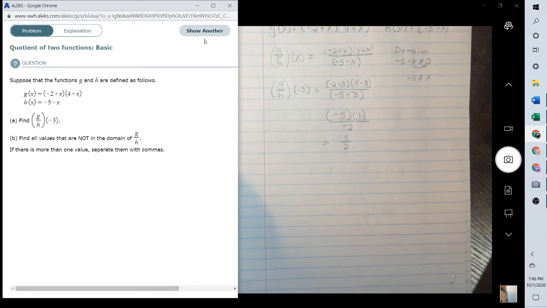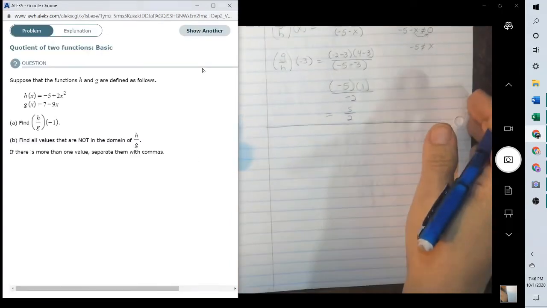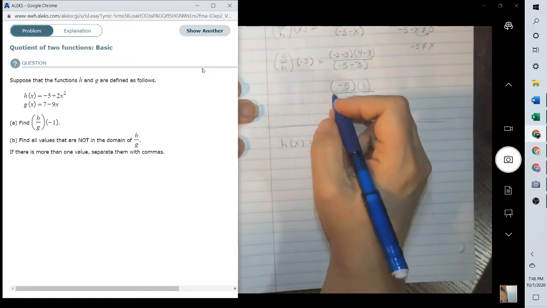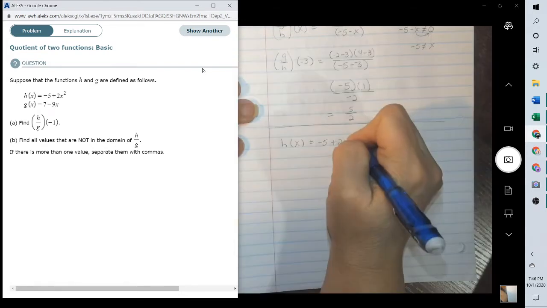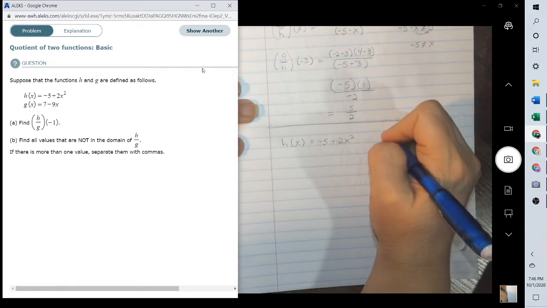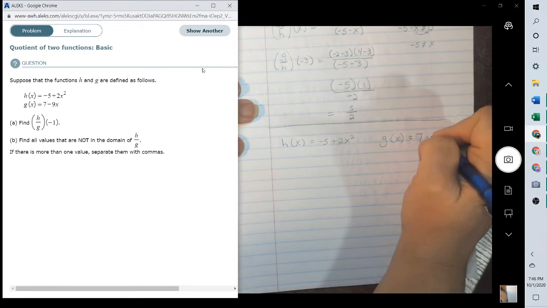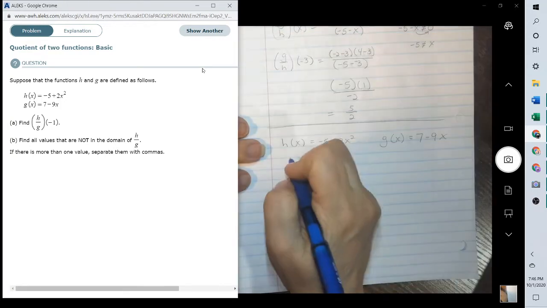Let's try one more. h is negative 5 plus 2x squared, g is 7 minus 9x, h over g.